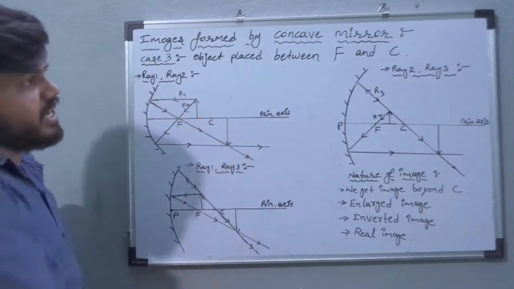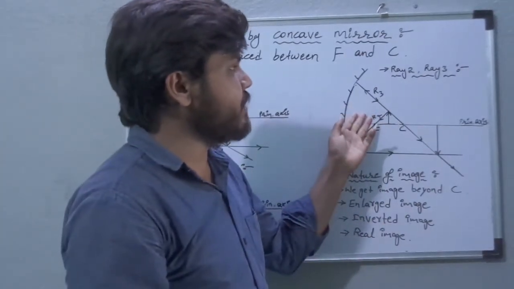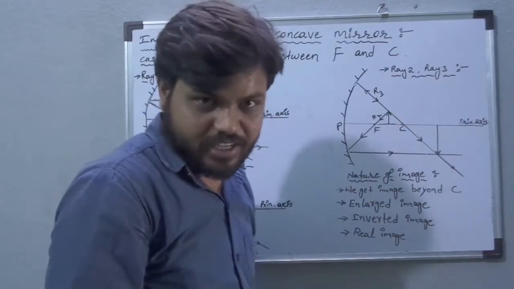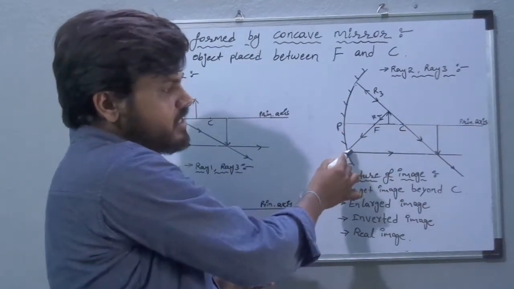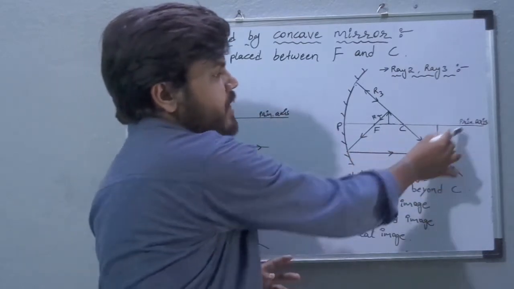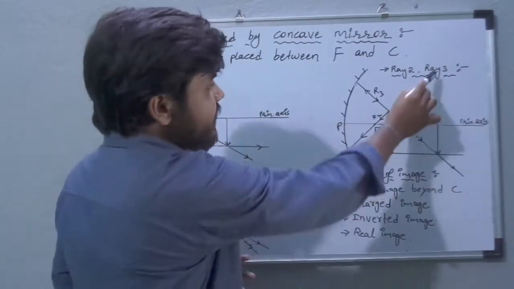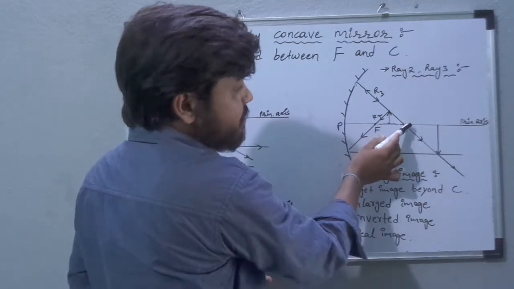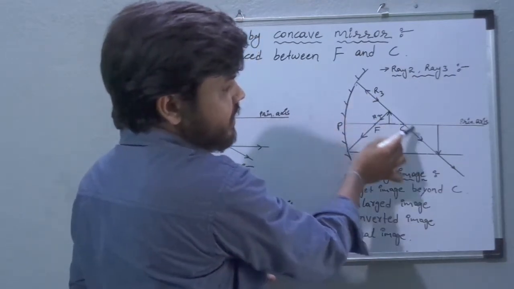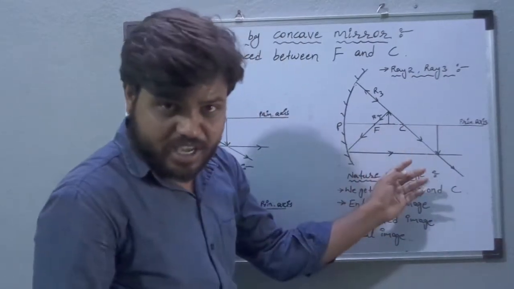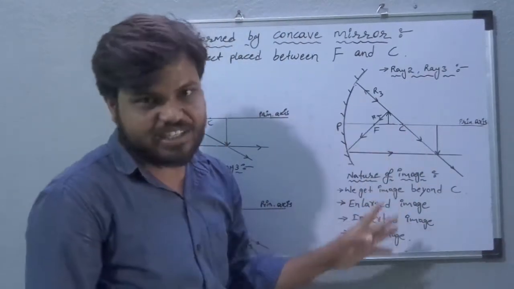In the same way, I did another diagram using ray 2 and ray 3. Ray 2, the incident ray passing through the focus, the reflected ray is parallel to the principal axis, and ray 3, the incident ray is coming from the center of curvature and reflected back through the same center of curvature, meaning the angle is 0, right?